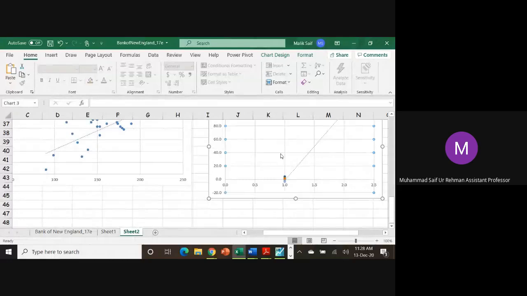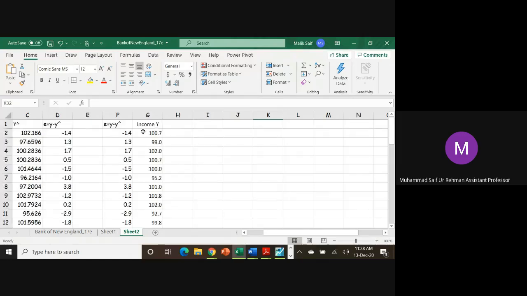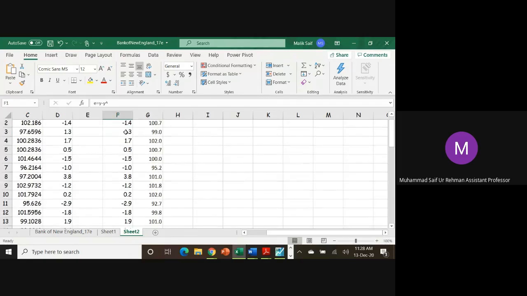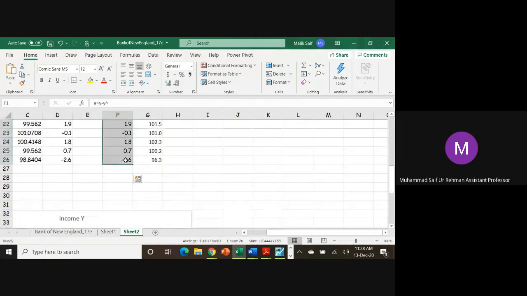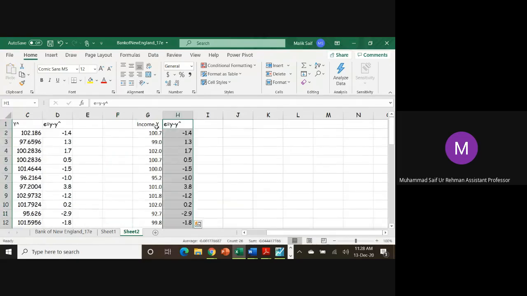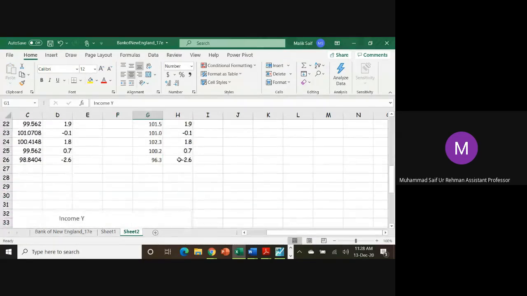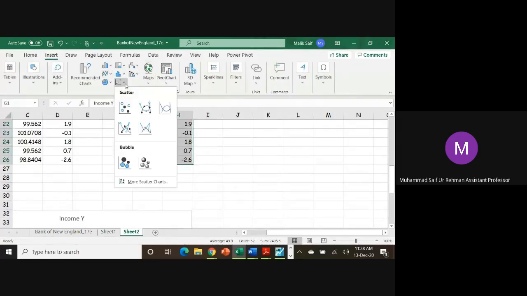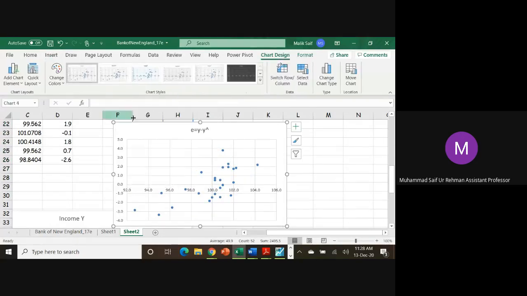Okay, so this is the graph in that case. But if I take this series to this side, now I see what the graph is.